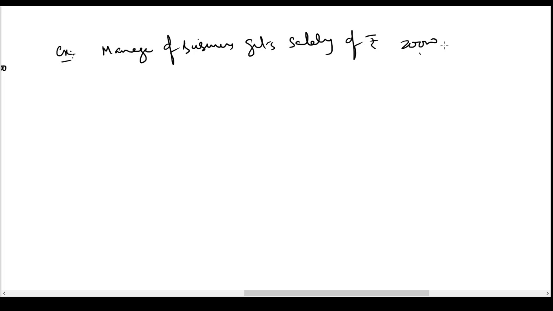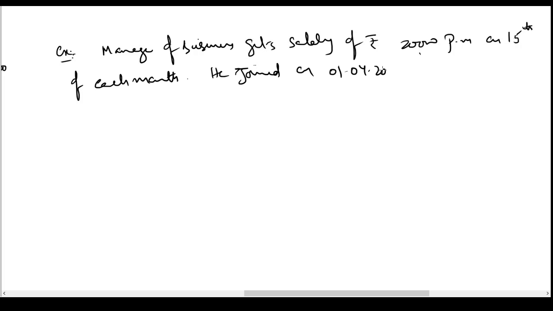Let us say the manager of a business gets a salary of rupees 20,000 per month on 15th of each month. He joined on 1st April 21.